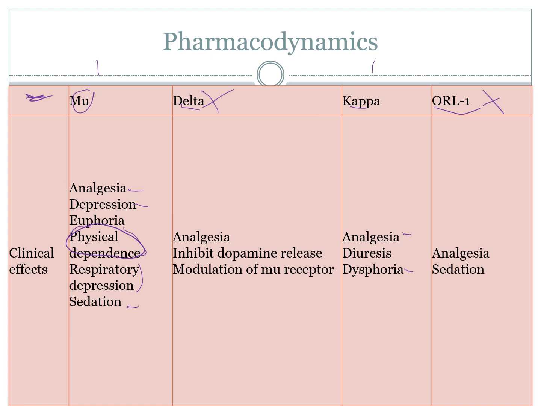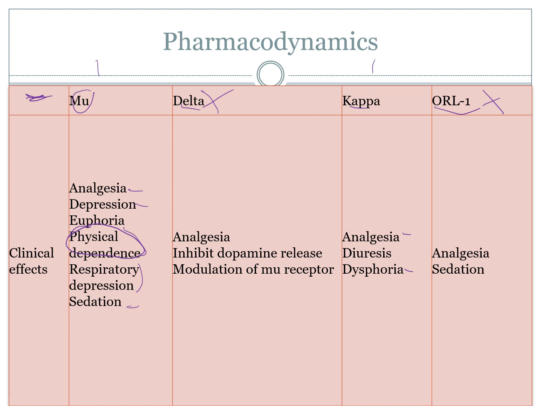Okay, so by stopping the calcium influx, potassium goes out of the cell, which causes hyperpolarization, which removes the action potential. Therefore, the signal, the action potential, isn't passed on across the synaptic gap. Okay, so there is no pain transmission from there, and that's the way that it works.